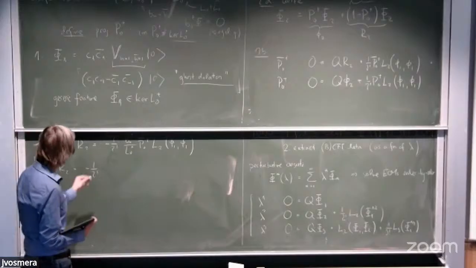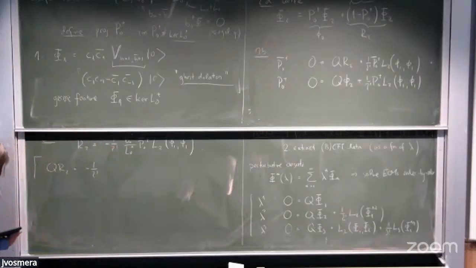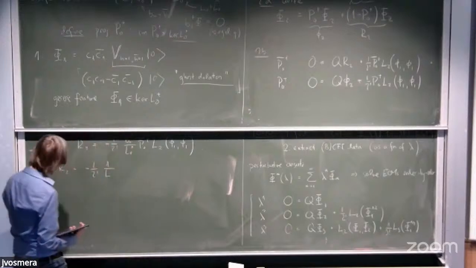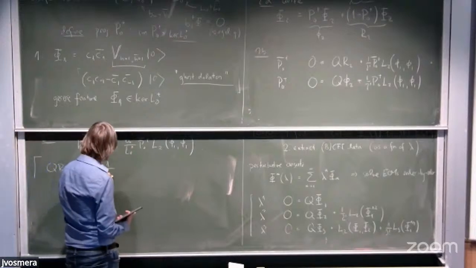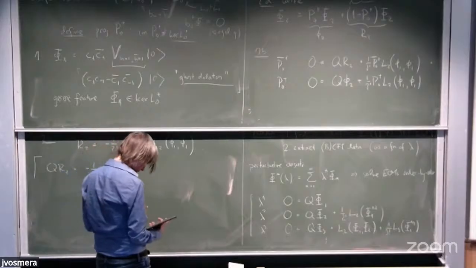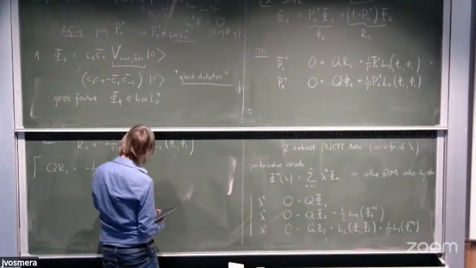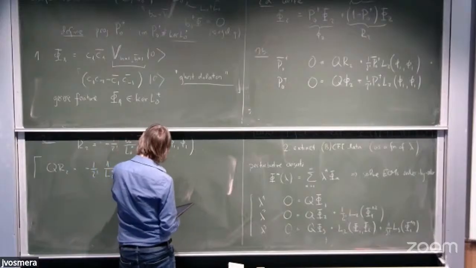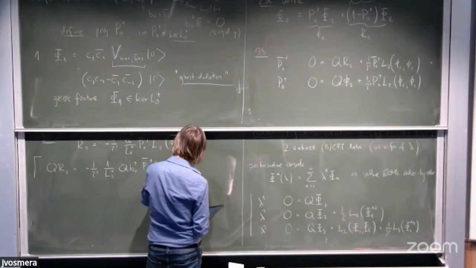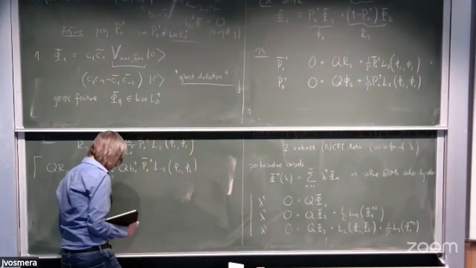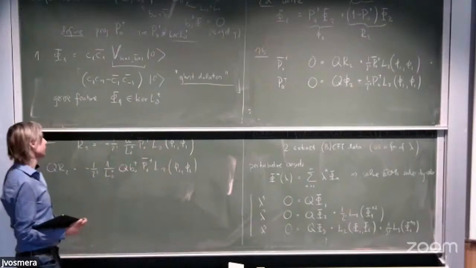So then when I act with this Q, it passes through this L0 plus, right? Because Q commutes with L0 plus, as we said. Then this Q will hit this B0 plus, and then I just copy the rest. Now I cannot just pass this Q through this B0 plus, right?